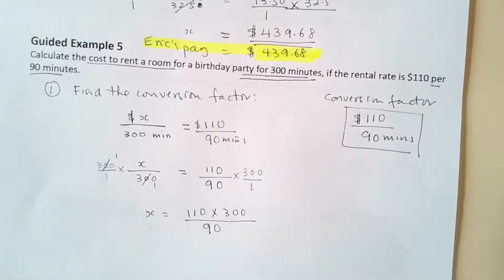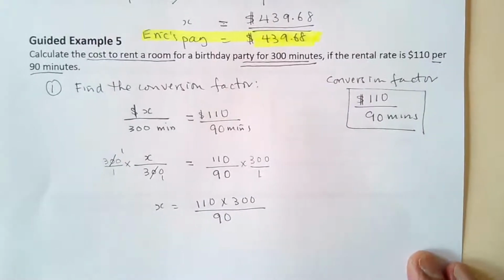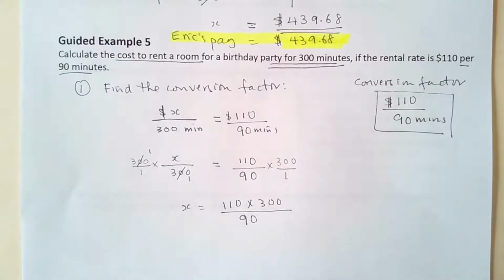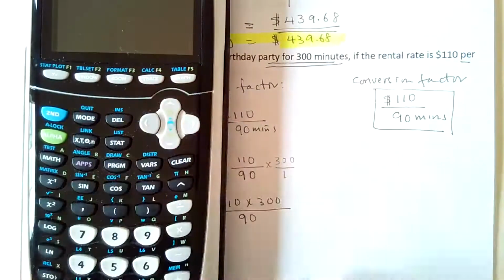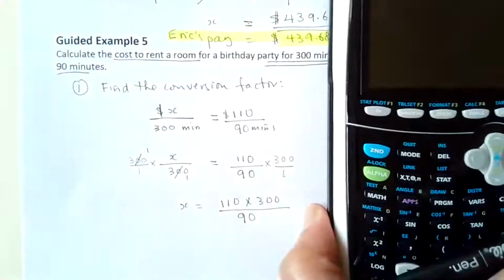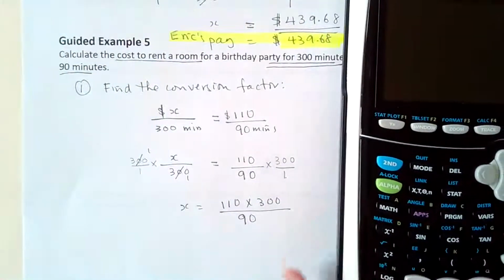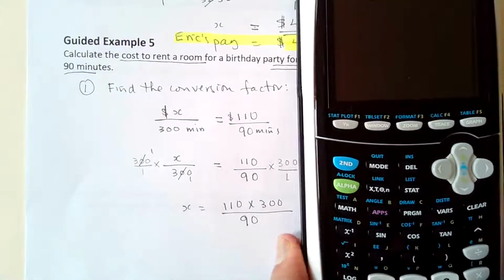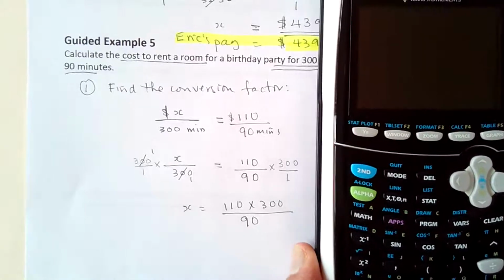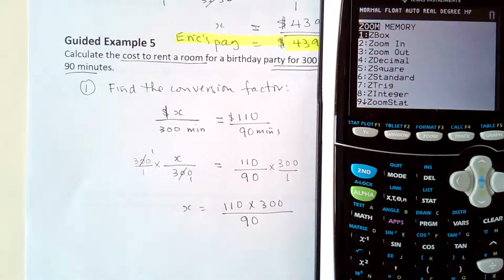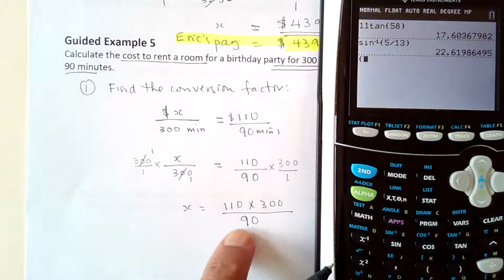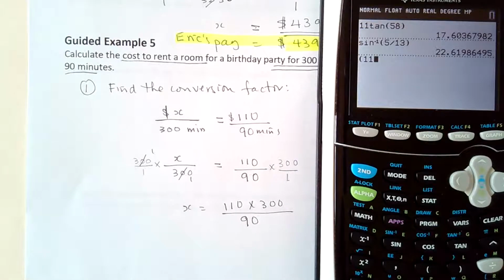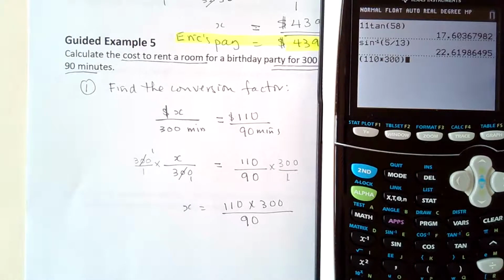friendly calculator and move this up a little bit. I'll put open brackets, so 110 multiplied by 300, close bracket.